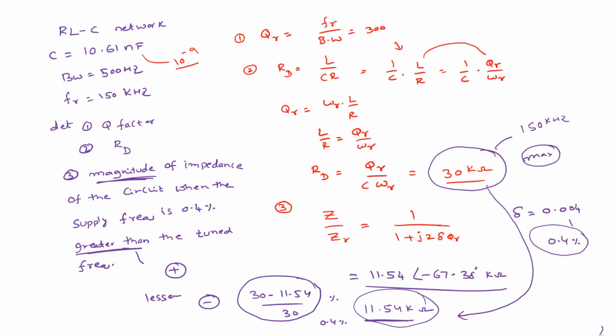So we have a frequency change of 0.4%, and the corresponding change in the impedance: earlier it is 30 kilo ohm, now it is 11.54 kilo ohm. So 30 minus 11.54 divided by 30 gives you the impedance change.